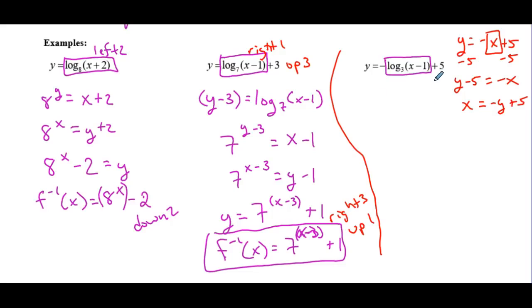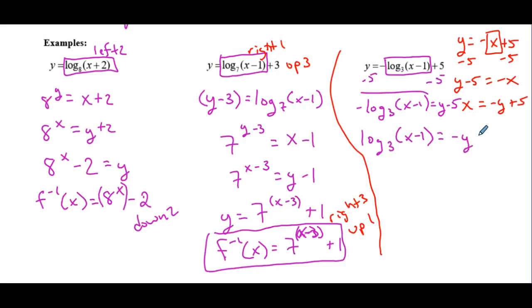So I'm going to follow the same process. Minus 5 on both sides. So negative log base 3 of x minus 1 equals y minus 5. Now I'm going to convert everything. So log base 3 of x minus 1 is equal to negative y plus 5. And then what am I going to do? Now I'll rewrite it. So 3 to the negative y plus 5 is equal to x minus 1.